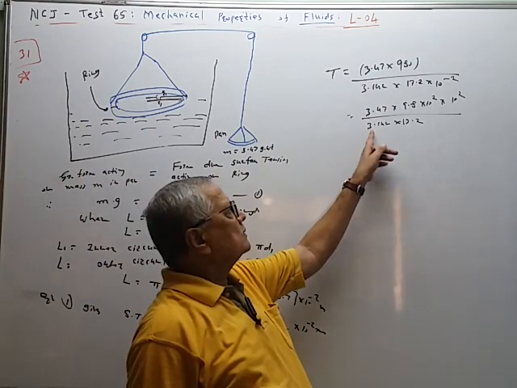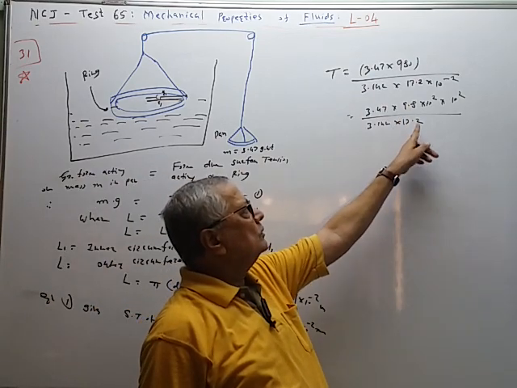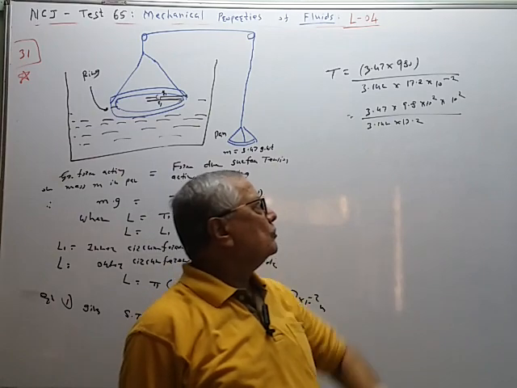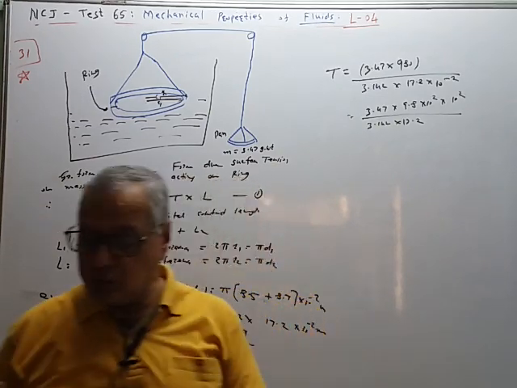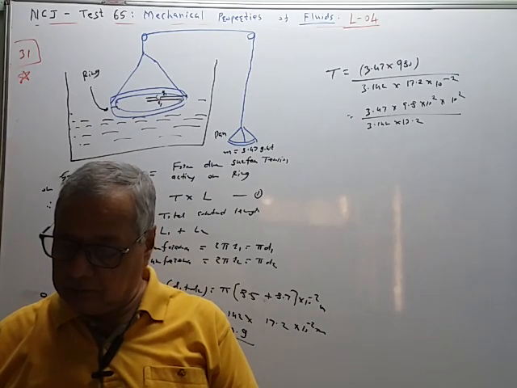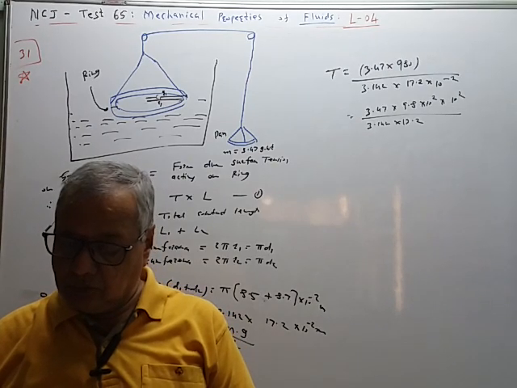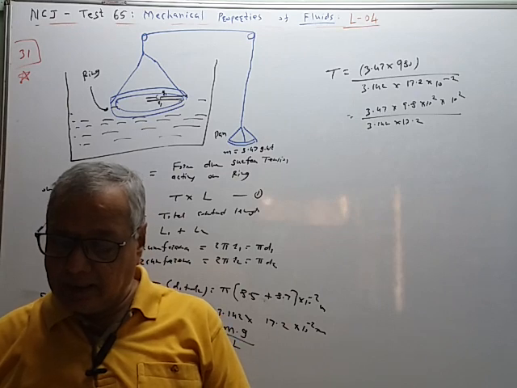So this is nearly cancelled. This is nearly 1/2. So answer will be nearly 0.5 into 10 raised to 4. So correct answer is A.